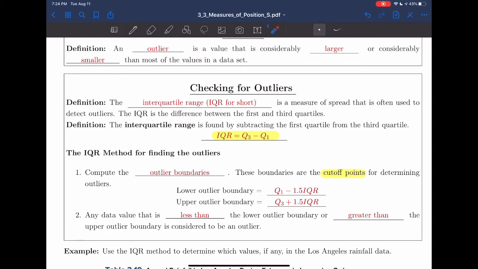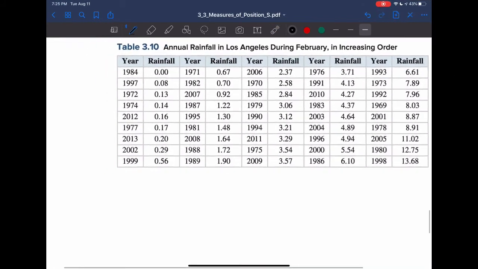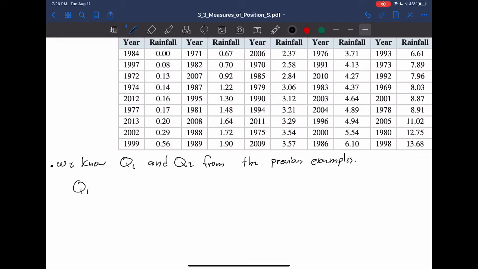So let's look at the LA rainfall data set that I've been working on and see if there are any outliers in that data set. We've already been working with this data set, so we already know what our quartiles are from the previous examples. So our quartile 1 was 0.92, and our quartile 3 is 4.94.